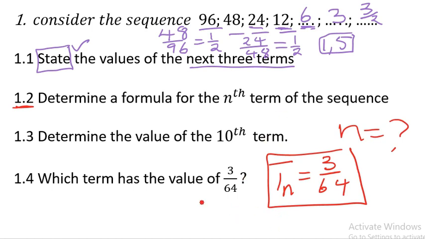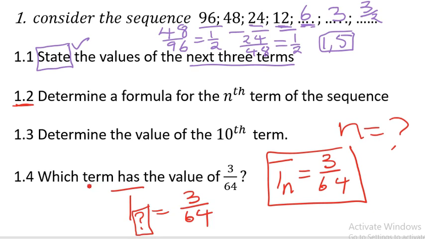So that at the end, we will say the term of the value that we have is the one that is equal to 3 over 64. Because the question says which term, we are looking for the position of the term. That is exactly what we are looking for.